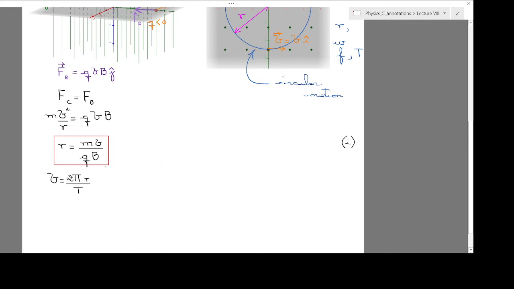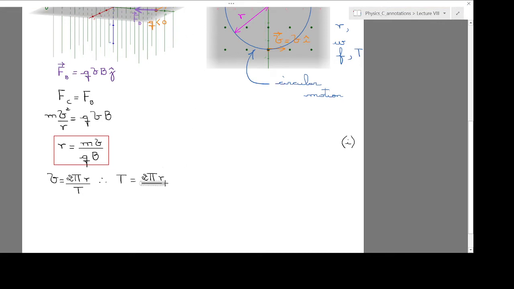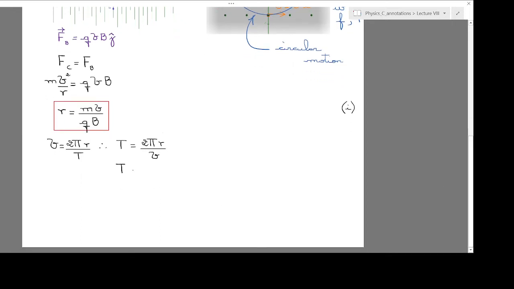I can substitute here, and since the period is going to be 2 pi r divided by v, I can substitute here, and I have that the period is going to be 2 pi m divided by qB.